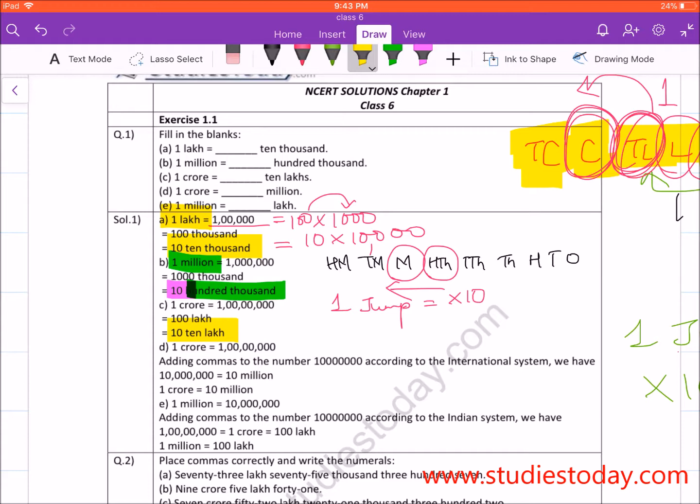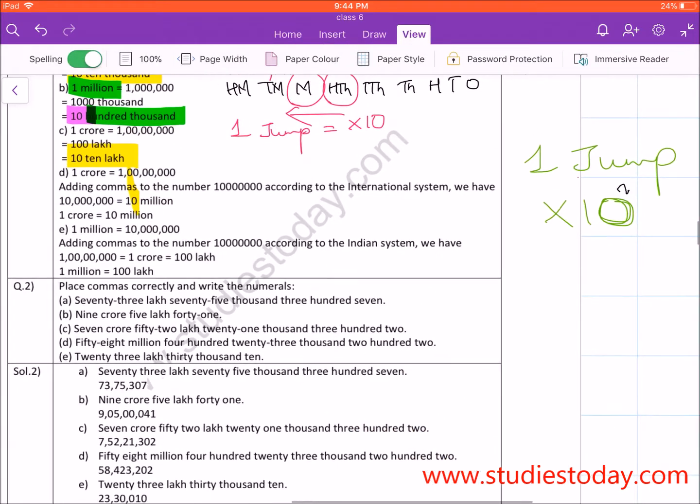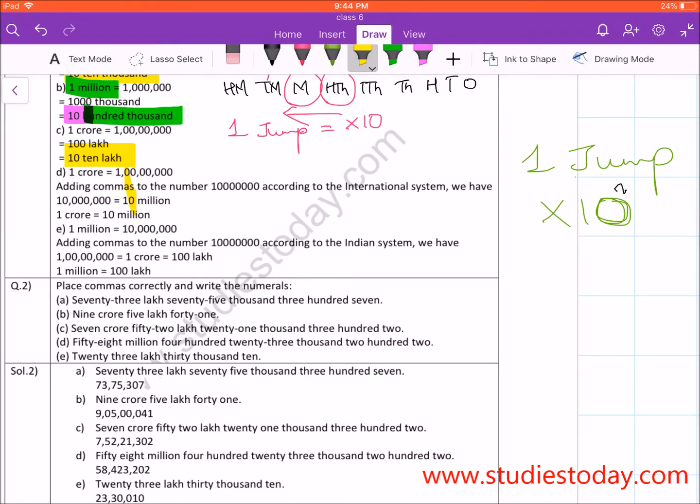Okay. Now, the last part. There is a comparison between the Indian and international systems, where you are comparing crores with your millions. In this you can write both the systems side by side and then compare. So, 1 crore has how many zeros? 7 zeros.